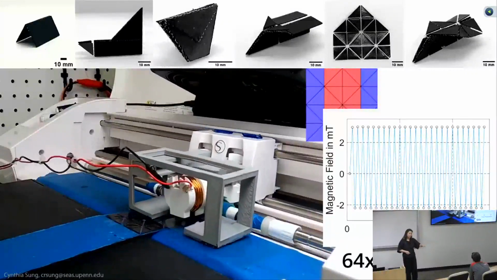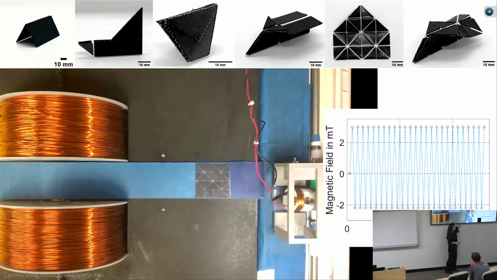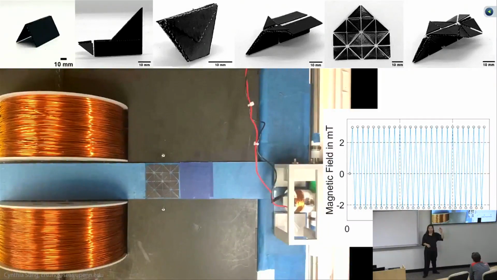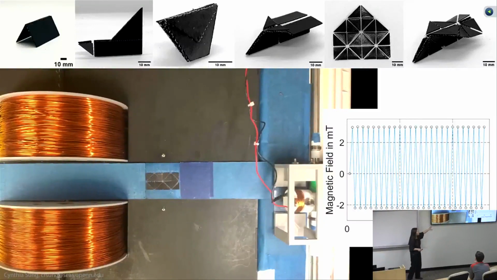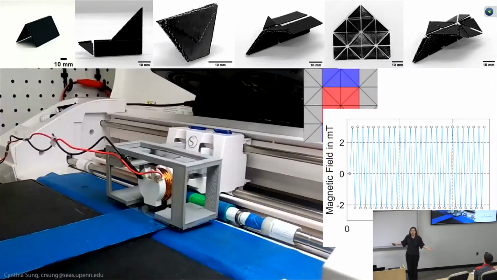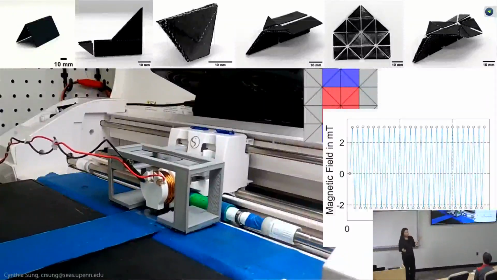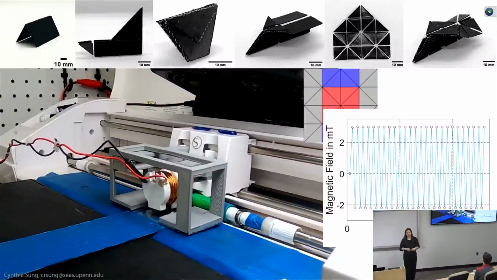Then we measured the strength of the magnetization of the pixels that we were writing onto the sheet, and we saw that the magnetic strength does not change at all, even over hundreds of cycles, right? So what this means is that we can get these sheets to fold over a folding sequence of potentially arbitrary complexity. But not only that, we can take the exact same pattern, unfold it, rewrite it, and then get it to fold into something else.